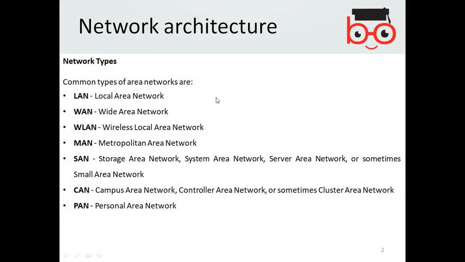Network architecture that you will be proposing to your client: you have a wide variety of network types like LAN, WAN, WLAN, MAN, SAN, CAN, PAN. We have already discussed these types of networks in previous slides, and depending on the requirement, you can propose a particular type of network to your clients.